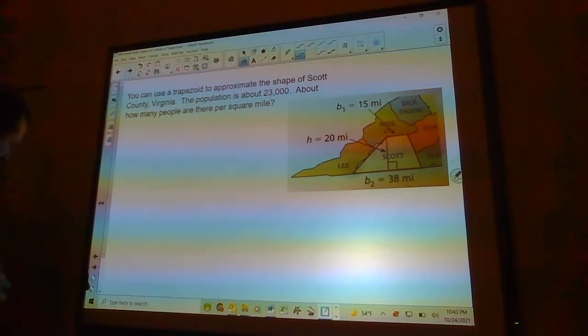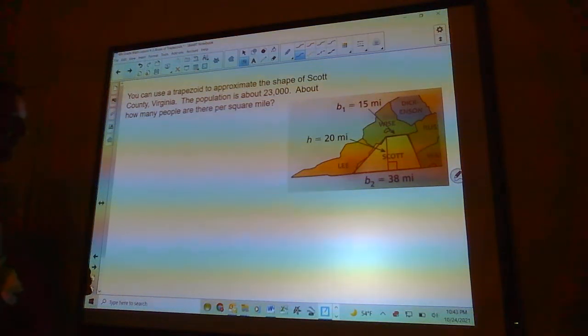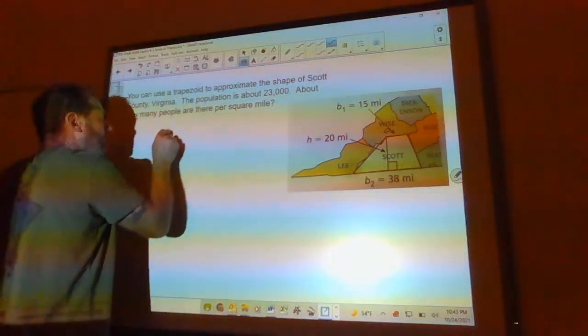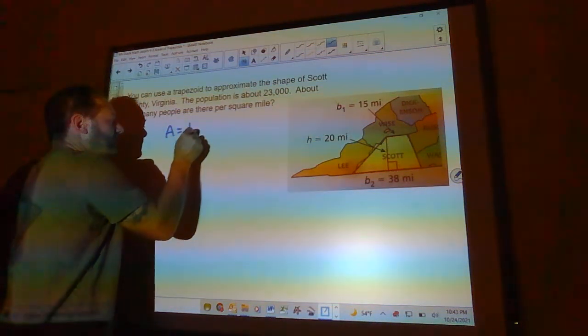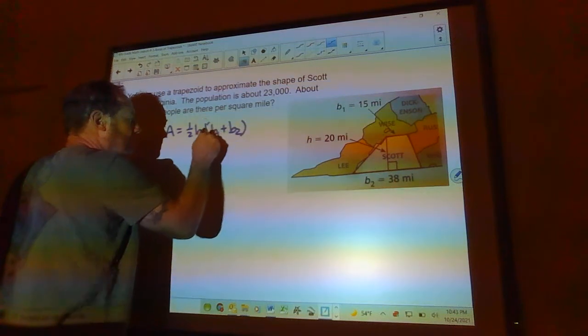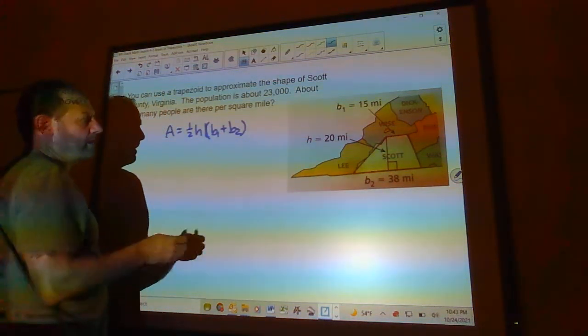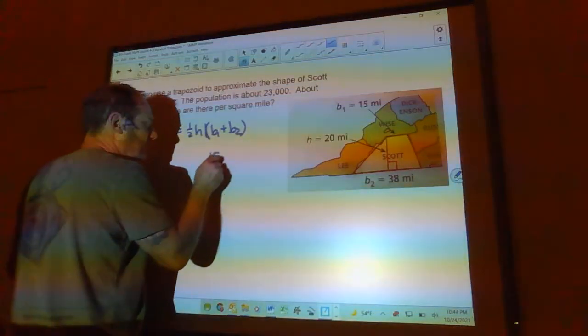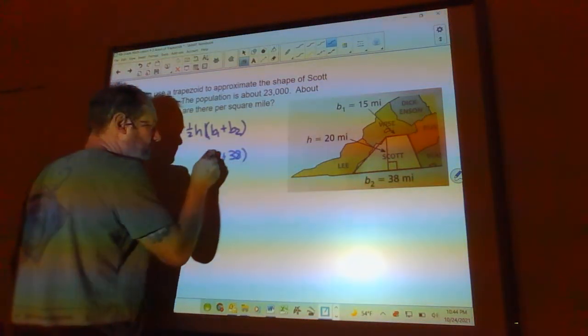Okay, so if we look at the information on the picture, here's my formula. And I've got one base is 15 and one's 38, so I'm going to go ahead and put those in there.